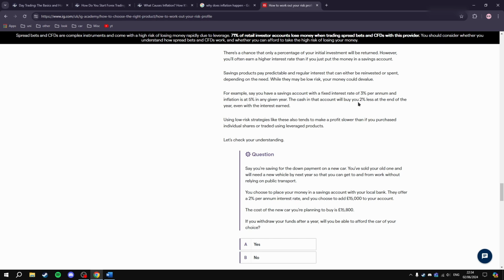So this is where I think to get the most out of this, because for a savings account you would know how much interest you get beforehand, so you would know what end value you'll get after the savings period has ended, so you would know the final sum from a savings account.